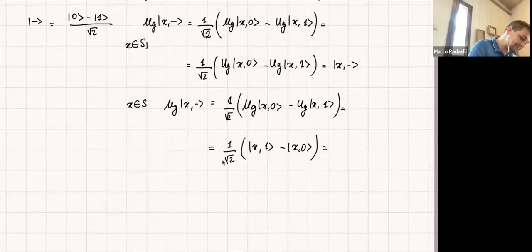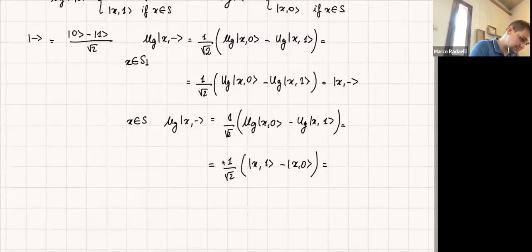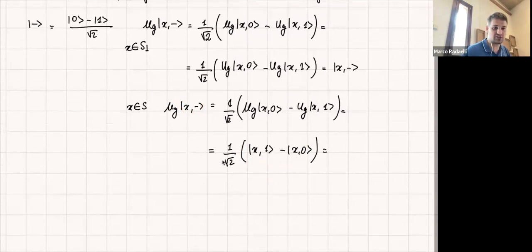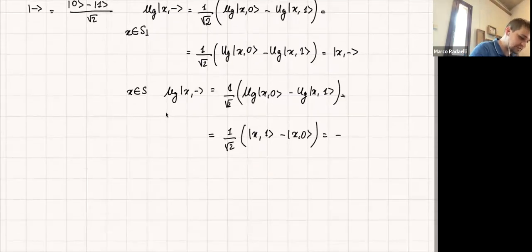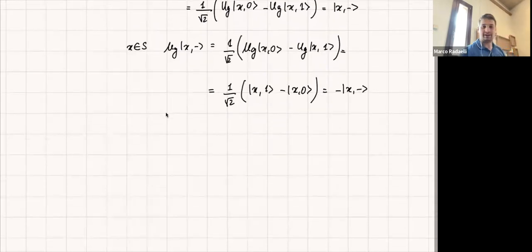As you can see, this object is basically the same as the input object, but with a flipped sign, a switched sign. So what we got is a minus x minus.